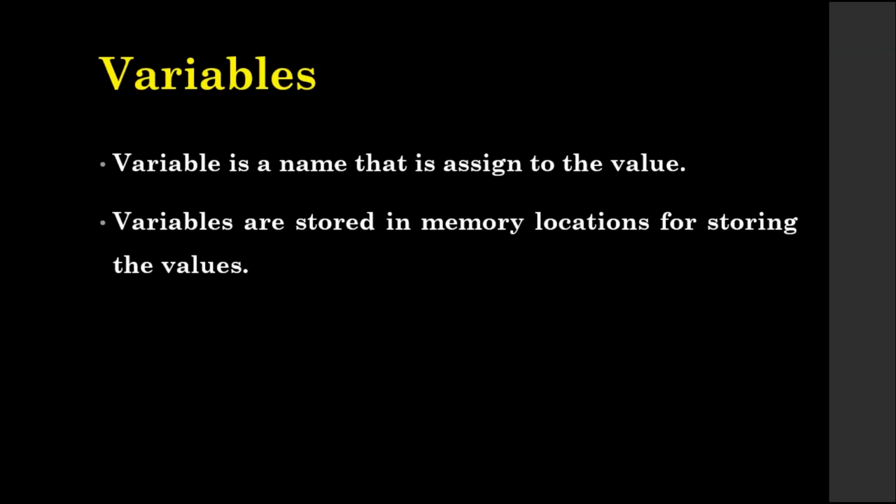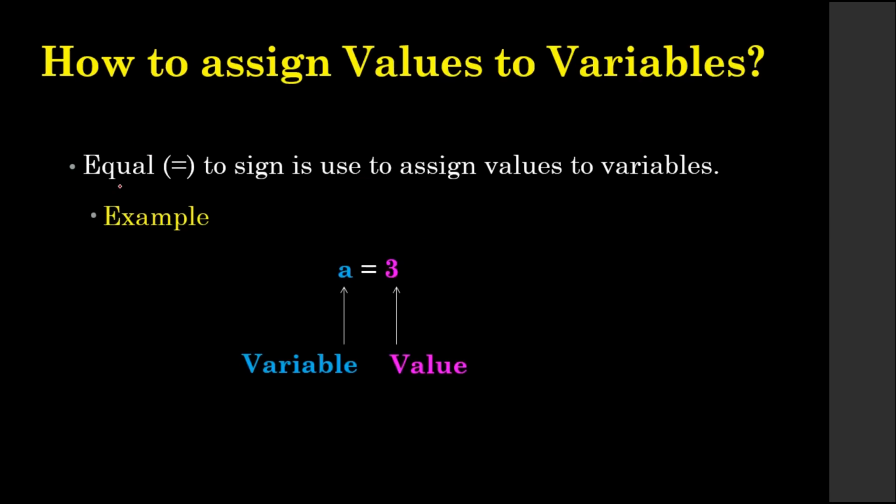Then variable. A variable is the name that is assigned to the value. It means we are giving some name to the values that we are going to use in the program. Generally variables are stored in a memory location for storing the value. Here we have an example of how to assign values to variables.